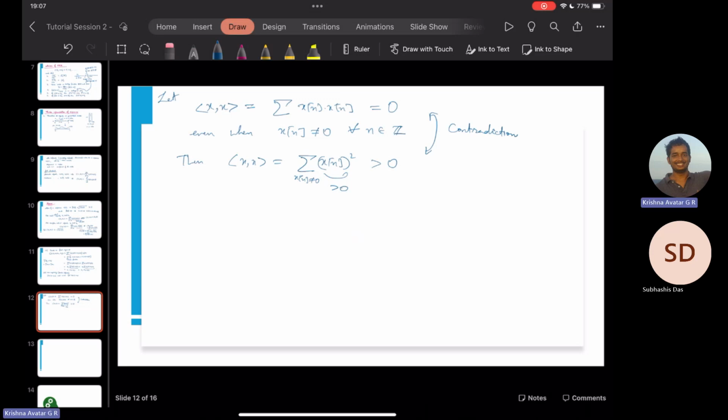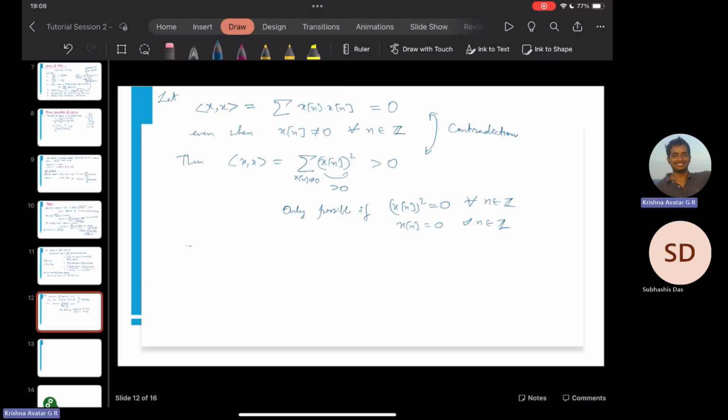So because of the contradiction, this is only possible if x[n] whole square is 0. If x[n] is equal to 0 for all n in Z, then this simply implies that x[n] has to be equal to 0. So that is why if the inner product or the dot product of the signal with itself is 0, this implies that the signal itself is 0.